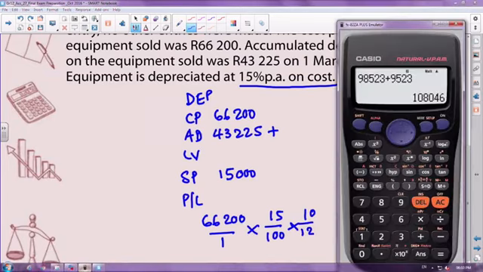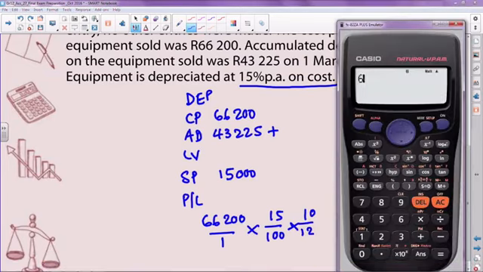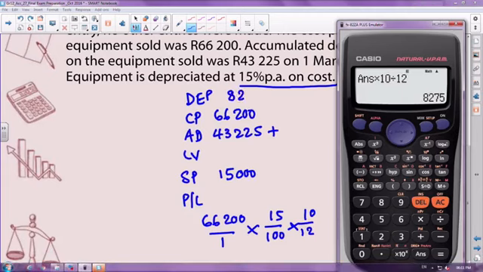So what do we have? We've got 66,200 times 15%, right? Times 10 divided by 12. And my answer is 8275. Watch, 8275 is my depreciation.